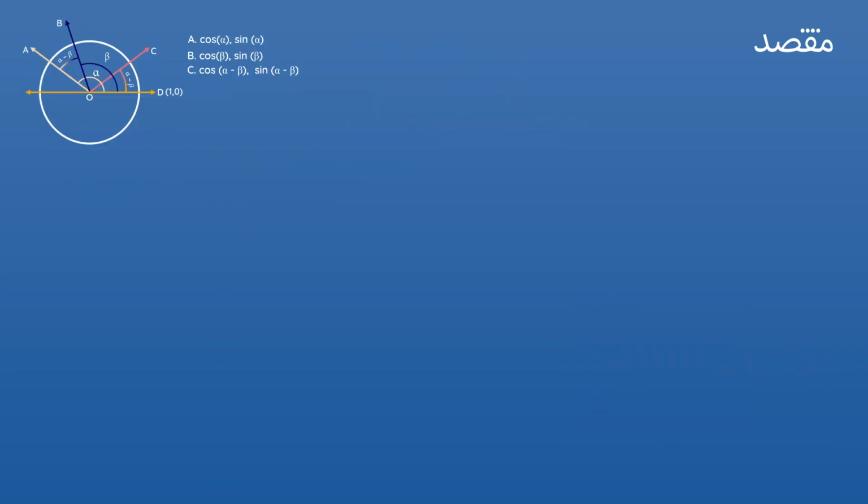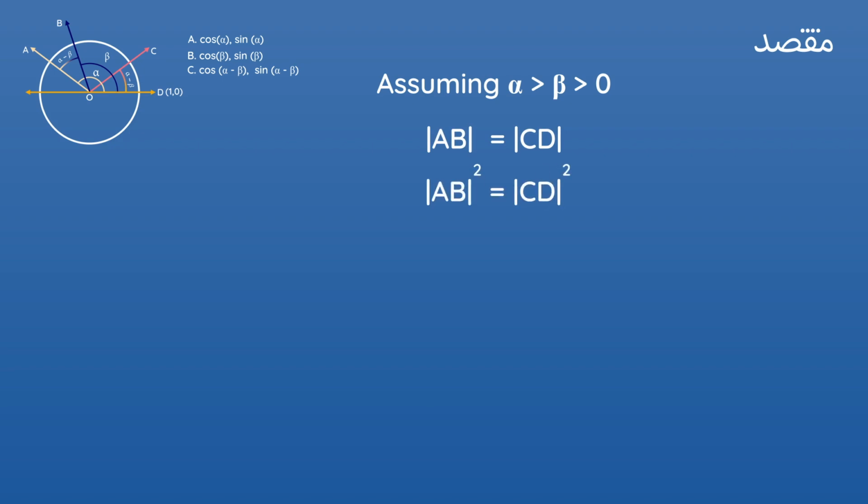For our simplicity, let us assume that alpha is greater than beta and beta is greater than 0. We know that triangle AOB and triangle COD are congruent, and squaring the both sides, we get this. Using distance formula, we get the distance.